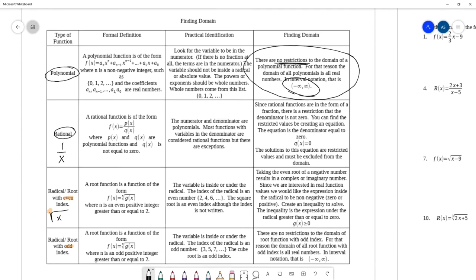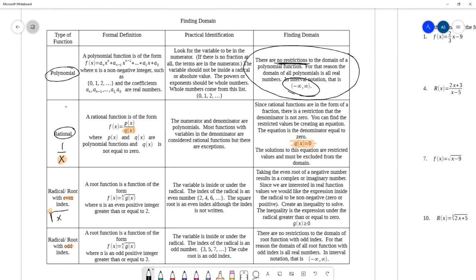When you have a rational function, because you have a variable in the denominator, that denominator can't be 0. You will have a restriction. So your denominator is q of x, your denominator equaling 0 is going to be a restriction. So you solve that equation, and then you exclude those values from the domain.